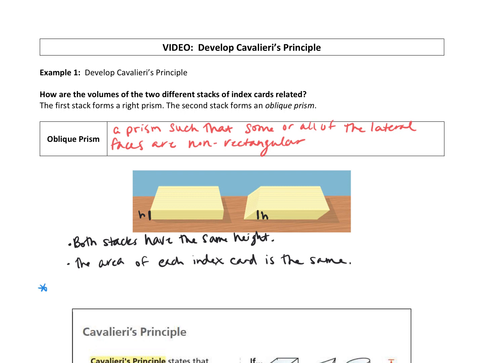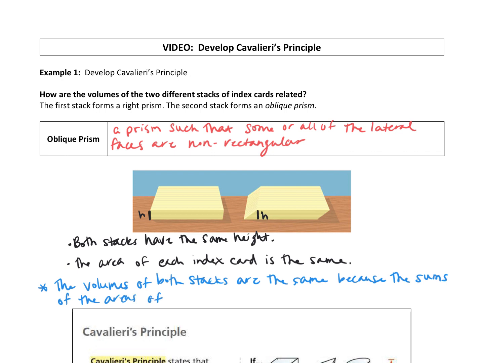We're getting to talk about volume. So this is the key information. The volumes of both stacks are the same because the sums of the areas of the cards are the same.